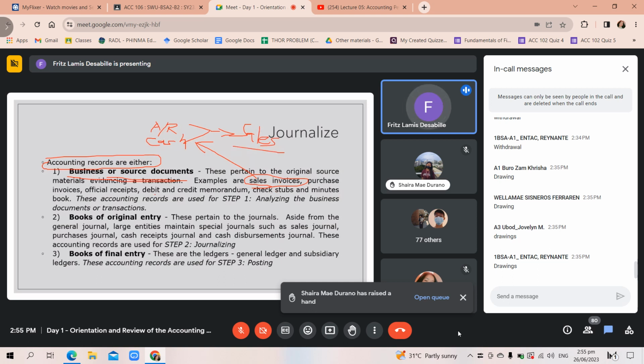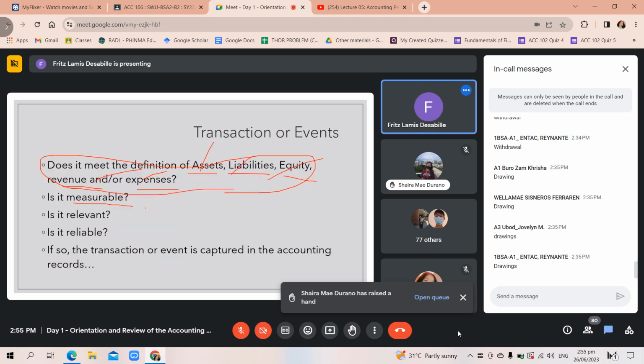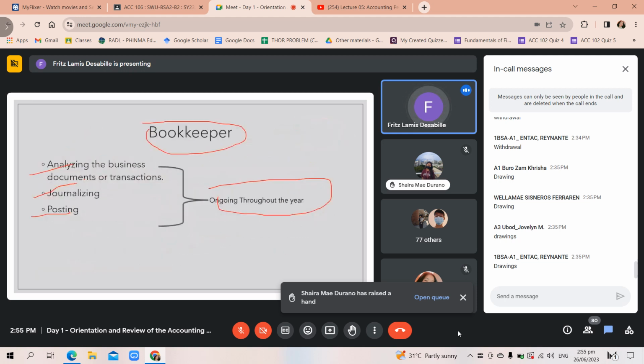Purchase invoices: AP, inventory, a credit to cash. Official receipts, those are our payments, debit and credit memoranda, check stubs, and minutes book. So these accounting records are used for step 1, which is analysis.